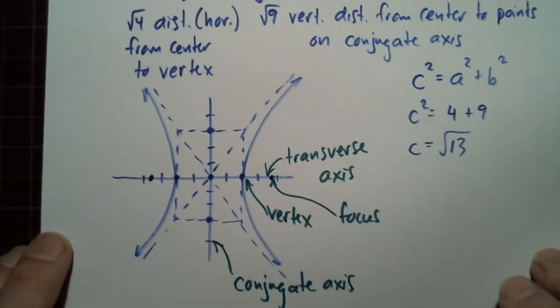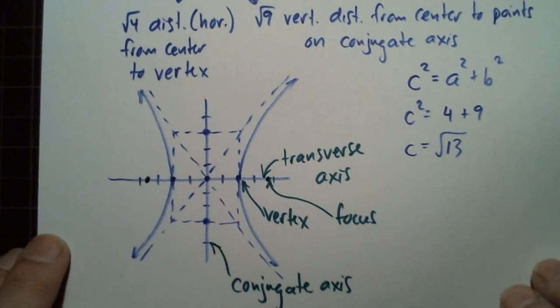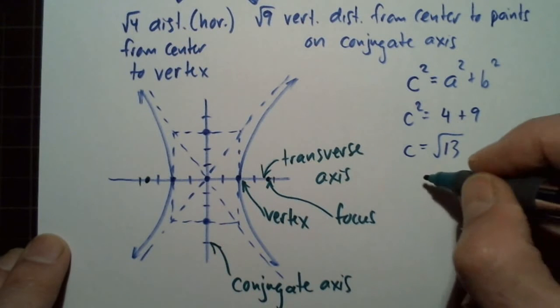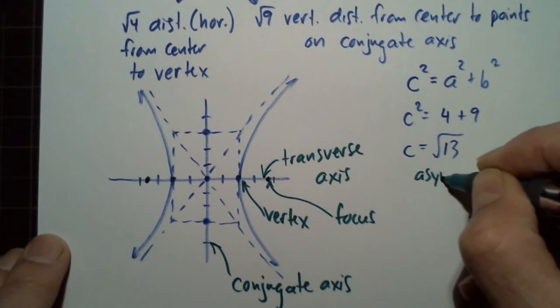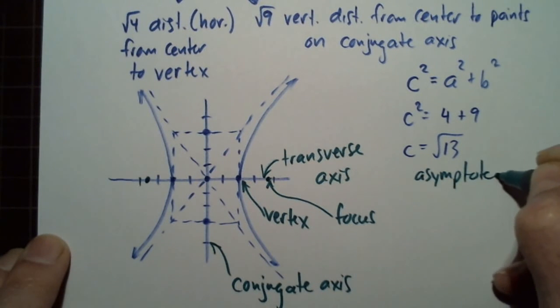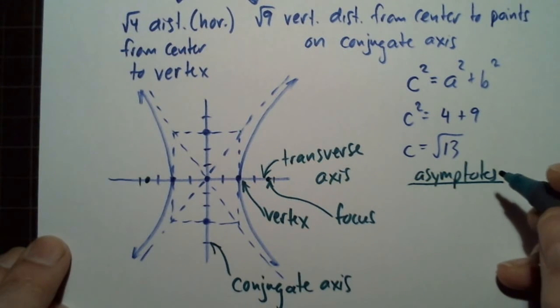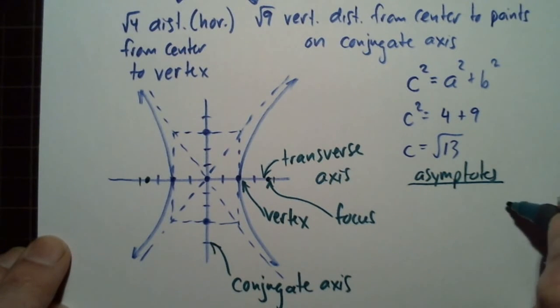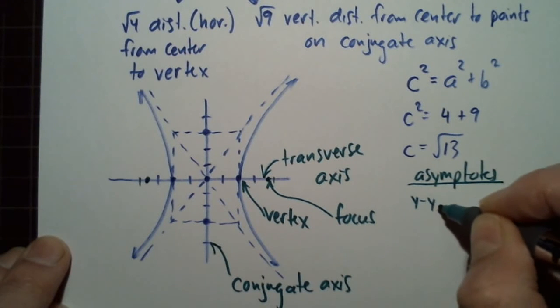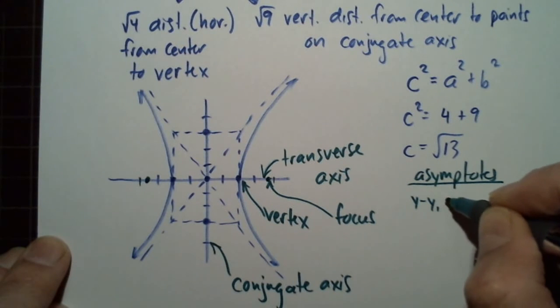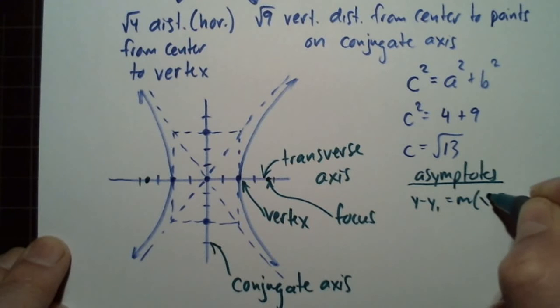And one more thing we can do, a quick way to find the equations of the asymptotes. It's just like using the point slope formula. y minus y1 equals m times x minus x1.